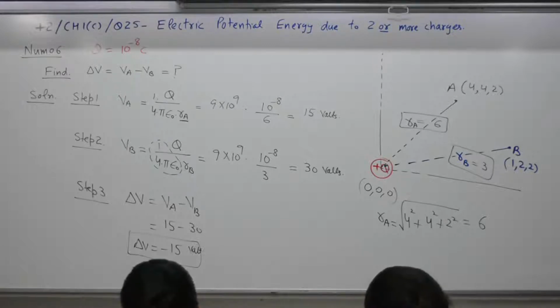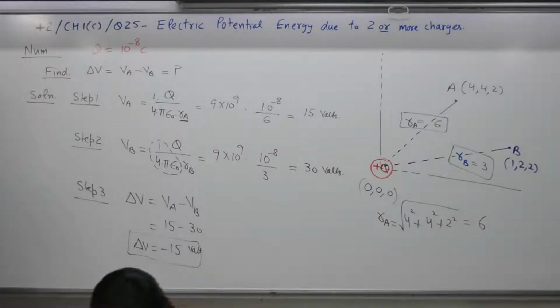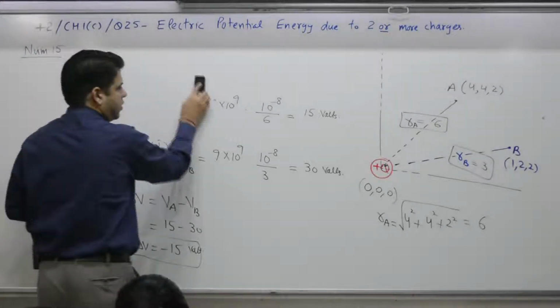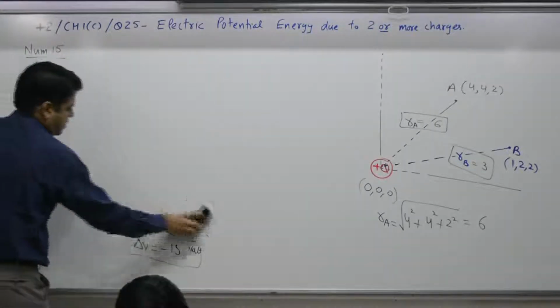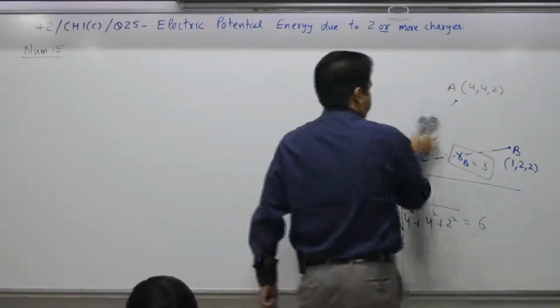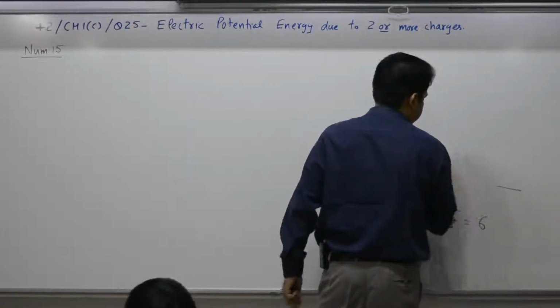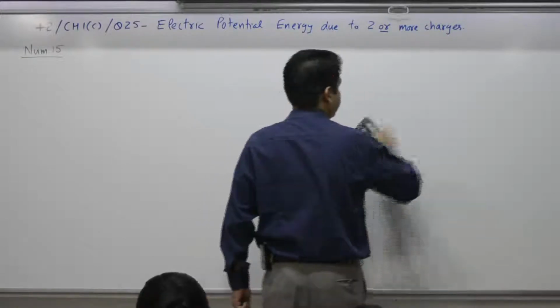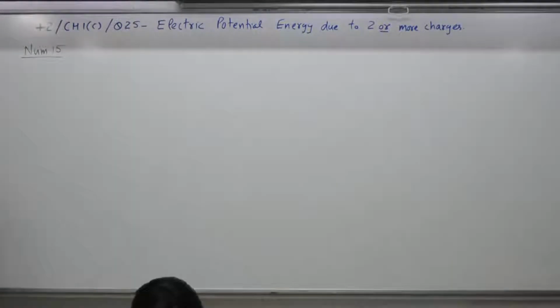Refer to numerical number 15. Numerical number 15: 2 point charges A and B of value plus 15 microcoulomb and plus 9 microcoulomb are kept 18 centimeter apart in air.